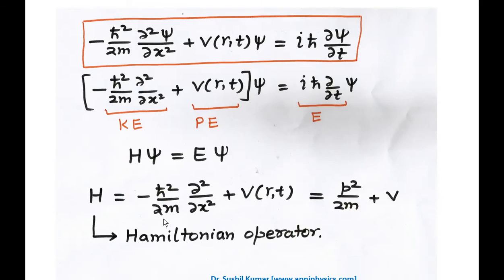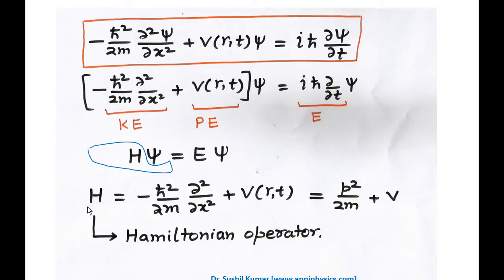Further, the Hamiltonian operator is defined as H, the kinetic energy plus potential energy. On the left hand side of this time dependent Schrodinger equation, the kinetic energy term and potential energy term act on psi.